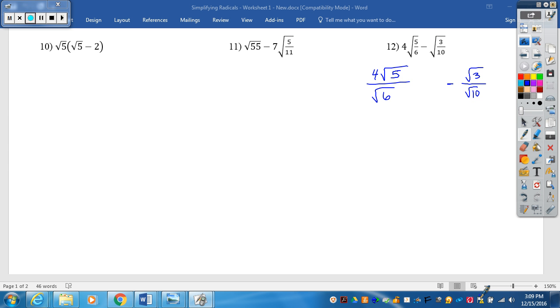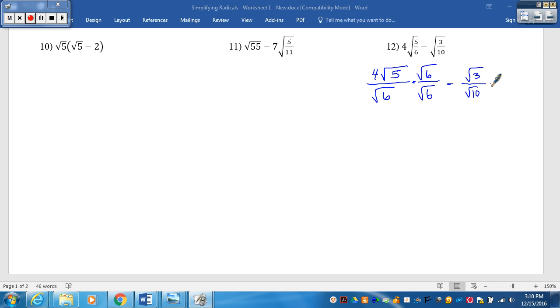So I'm thinking to myself, I want to get rid of those. I'm going to probably rationalize both denominators. This one, I'm going to multiply by radical 6 over radical 6. Remember, to rationalize, you need to multiply by whatever's in the denominator. On the other one, I'm going to go ahead and rationalize it by multiplying it by radical 10 over radical 10. Okay? Now what that's going to give me is this.